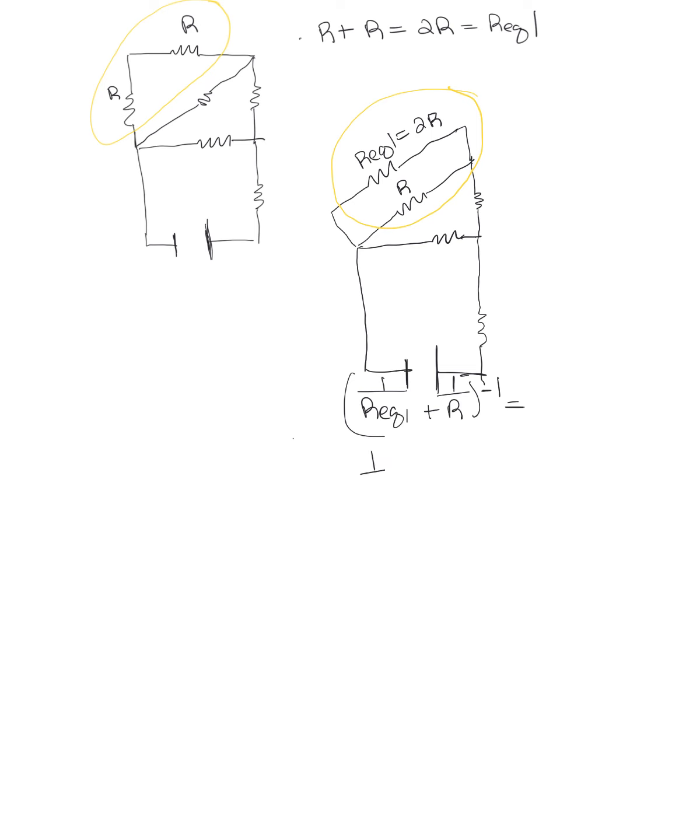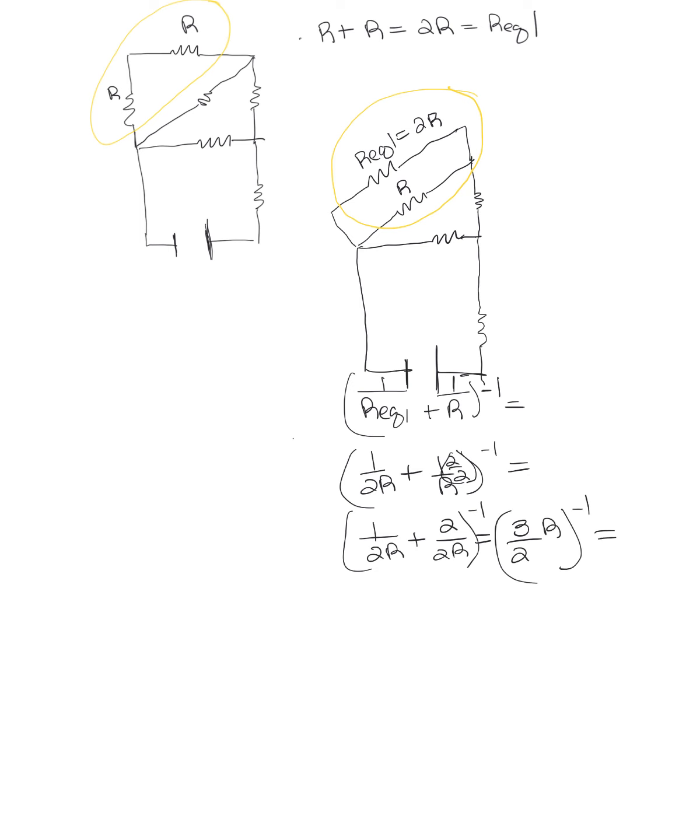So 1 over 2R plus 1 over R. Let's go ahead and get a common denominator, 2 over 2, so that'll be 1 over 2R plus 2 over 2R, and that would be 3 over 2R, but we still have to take the reciprocal, so it's going to be 2 over 3R, and this is going to be our equivalent resistance 2.